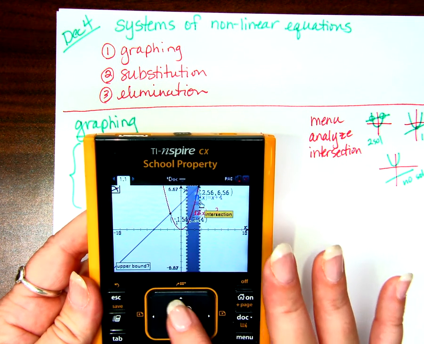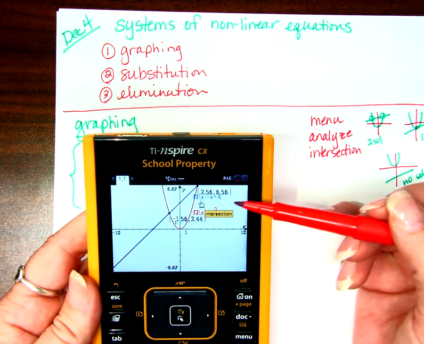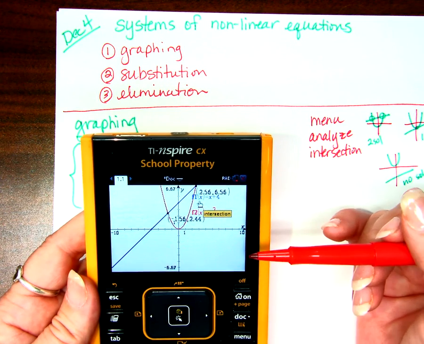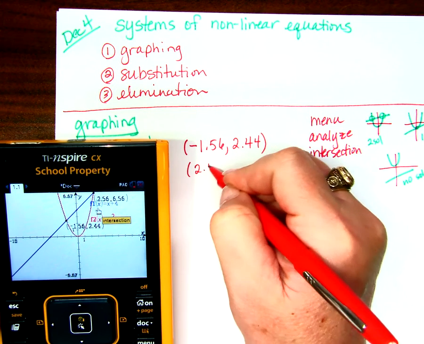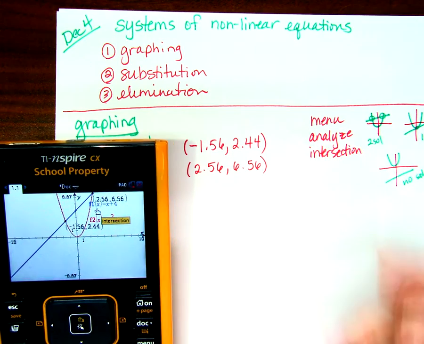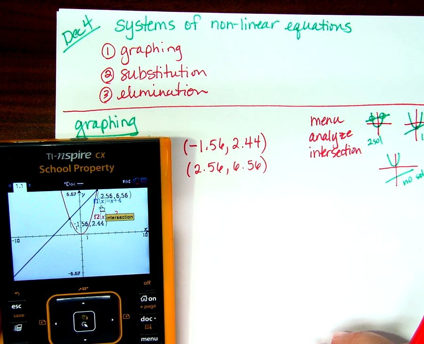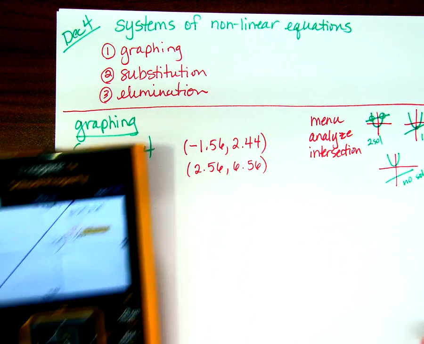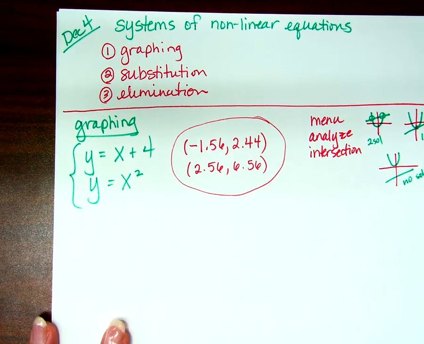Lower bound, upper bound. Do you see it actually show up before you press the second click? Okay, good. 2.56, 6.56. And then, yeah, that's it. We're done, right? Those are my 2 points of intersection. That's my solution.